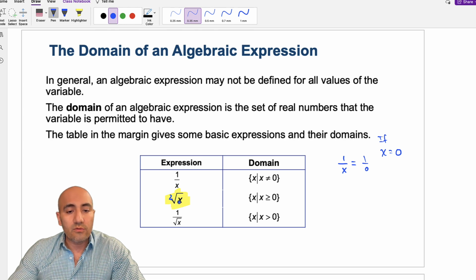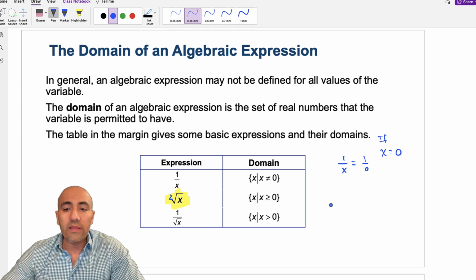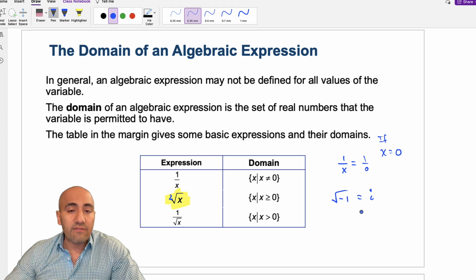So this is the square root. The square root is an even root, which means that if we try to take the even root of a negative number, we'll end up with an imaginary number. So again, by default, we try to avoid those unless you're specifically told that you're allowed to or that they want a complex number solution. Otherwise, we stick to the real numbers.